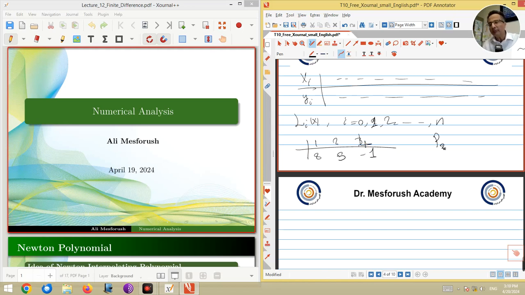You computed a P2 of x, and suppose that you add, for example, (6, 2) here, and now you want a P3 of x. In this case, all of the computation for computing P2 is useless, and you cannot use the older computation for the new polynomial.